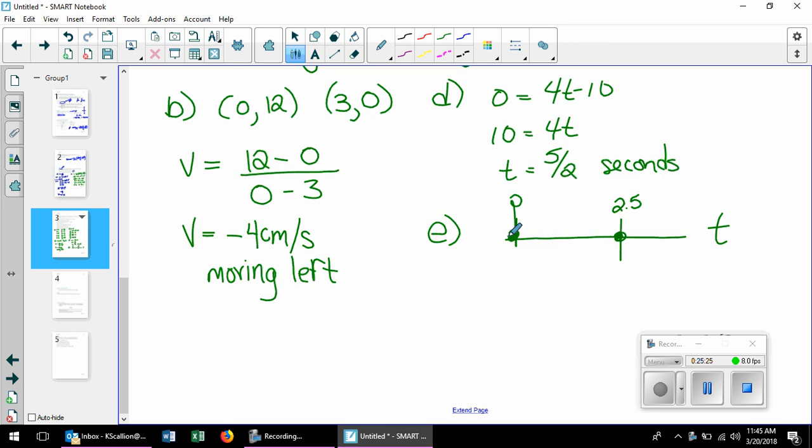So pick a value between 0 and 2.5. 1. So if t is 1, now I'm looking for velocity. So am I putting it into the original equation or the first derivative? First derivative.